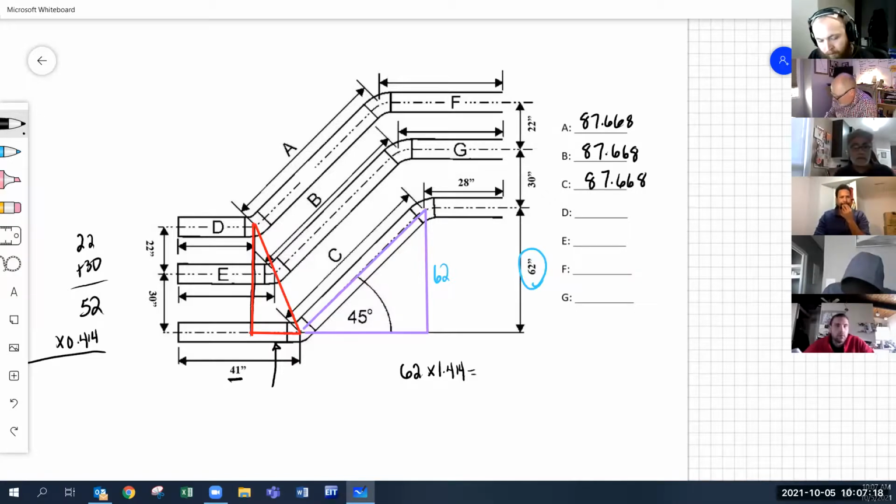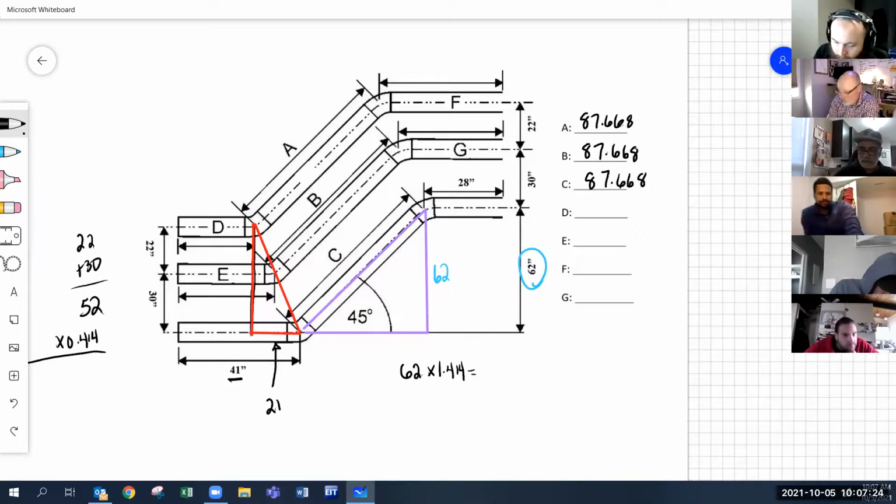So 52 times 0.414. So this measurement right here is 21.528. And I simply take this and minus it off 41. That should give me D.